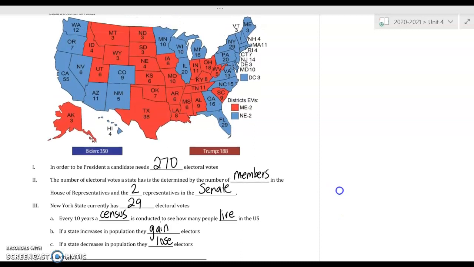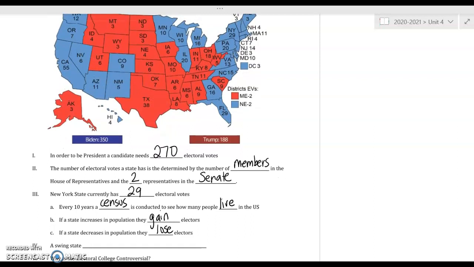So usually states are pretty set on if they vote for Democrats or Republicans. Like New York is a state that consistently votes for Democrats. There are states like Florida, Pennsylvania, Ohio that swing back and forth between voting for Democrats and Republicans. And because of that, they become very important states in presidential elections.